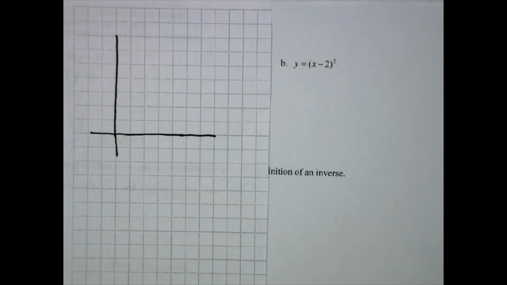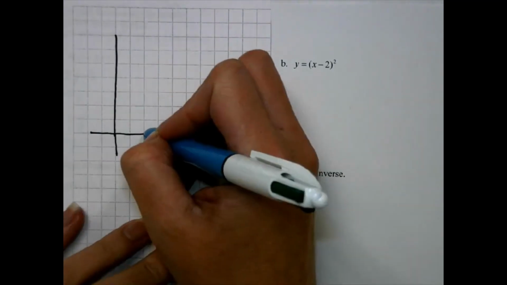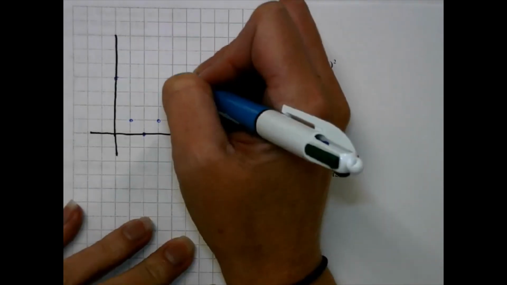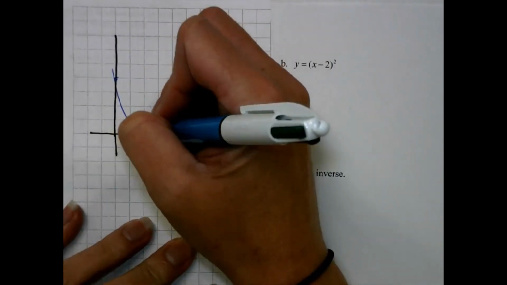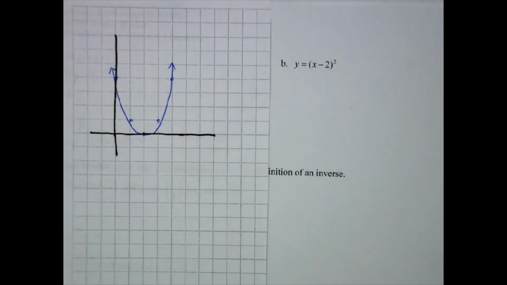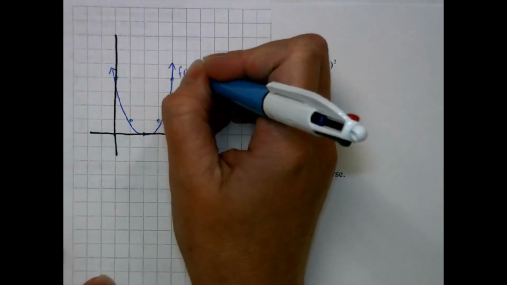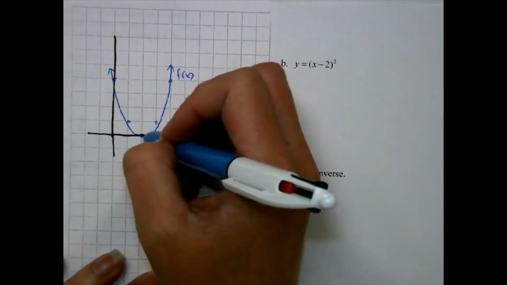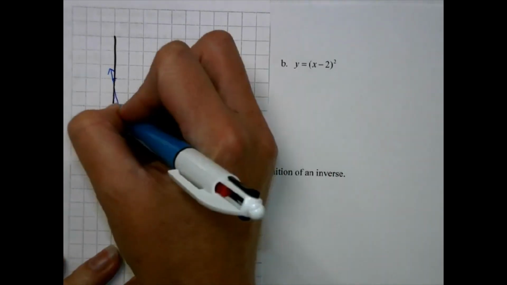Right, x minus 2 squared. Move to the right 2. The inverse, those x, y values are switched. F of x. So the inverse, instead of our vertex being at 2, 0, we're going to be at 0, 2.